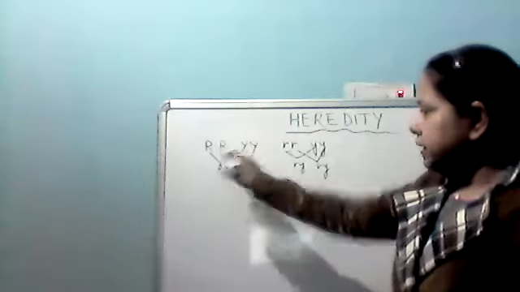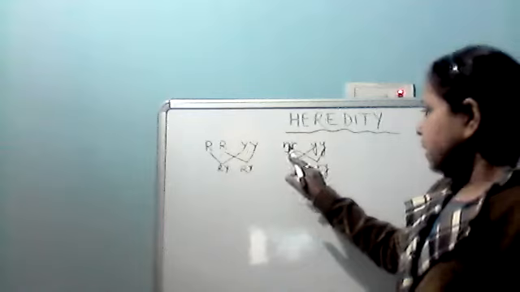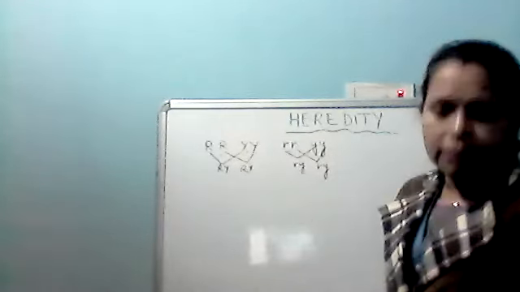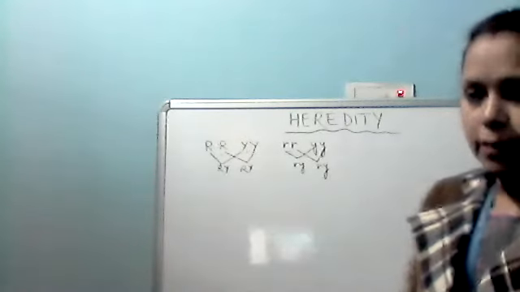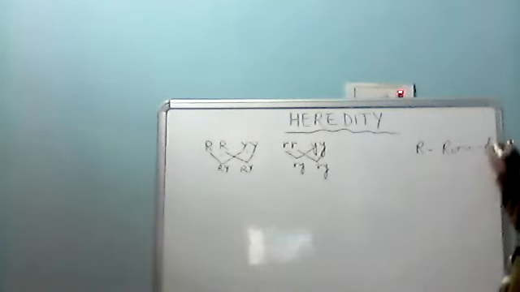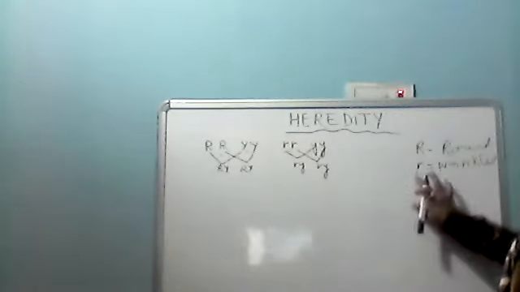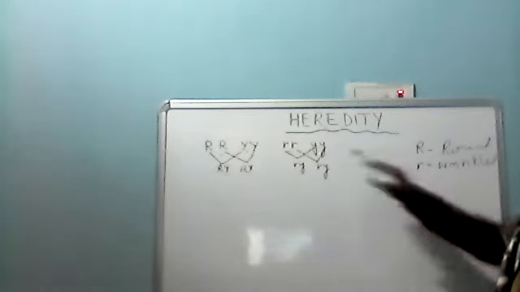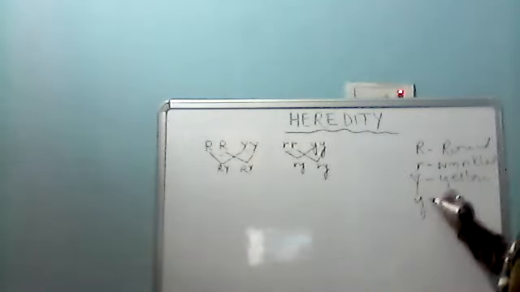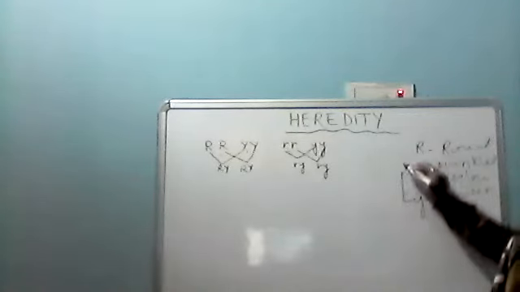For capital R we are using round, meaning shape. For small r, wrinkled shape. Then with capital Y we are indicating yellow color, and with small y we are indicating green. So here I am taking the color and here I am taking the shape.